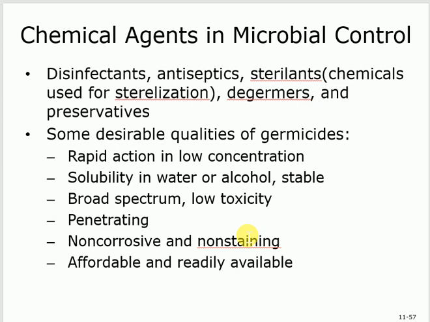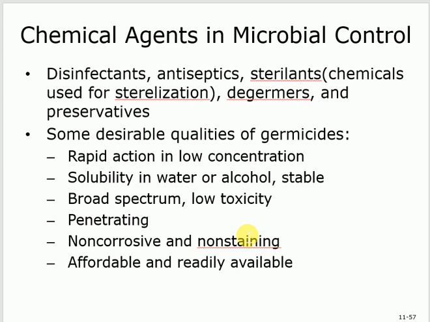Okay? Chemical agents remove anything that's not desirable, whatever we're talking about, disinfection, antiseptic. When you sterilize, you call it sterilant. When you do degermination, you call it degermer. When you do preservation, you call it preservative.